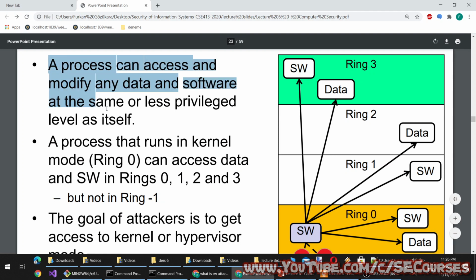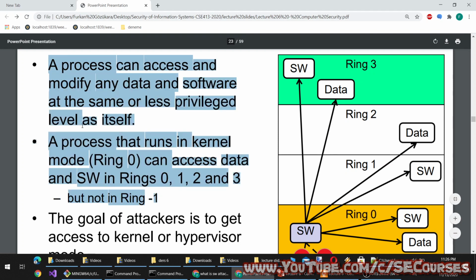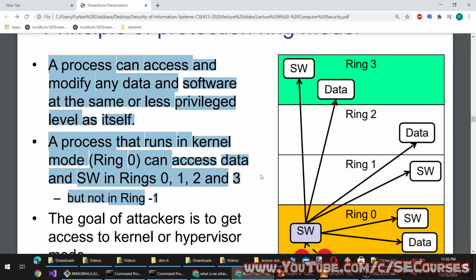Principle of protection ring model. A process can access and modify any data and software at the same or less privileged level as itself. A process that runs in kernel mode, ring 0, can access data and software in rings 0, 1, 2 and 3 but not in ring -1.